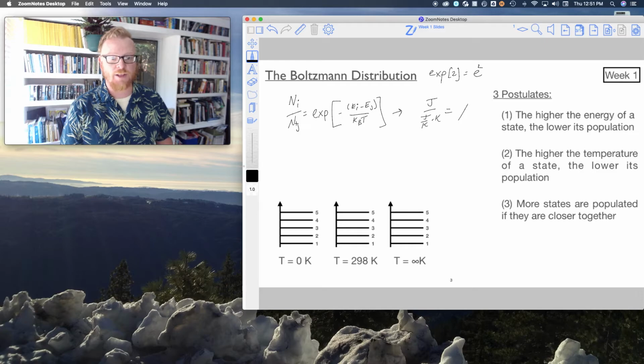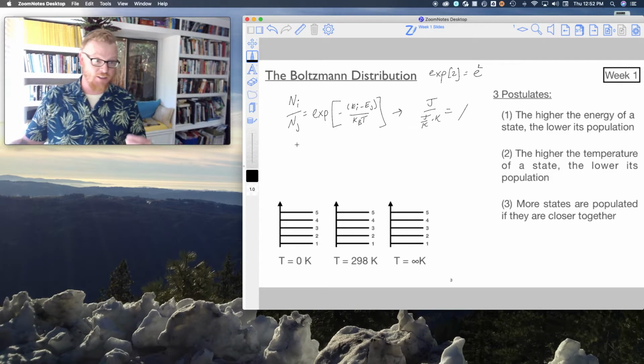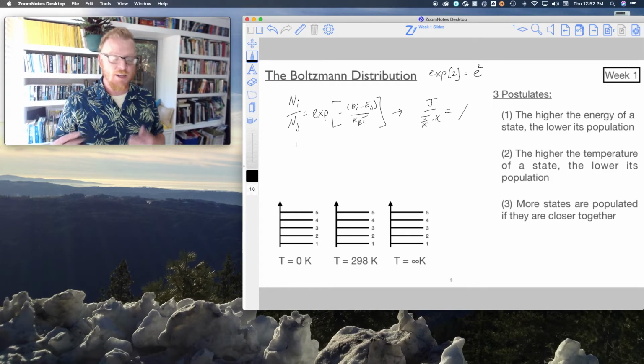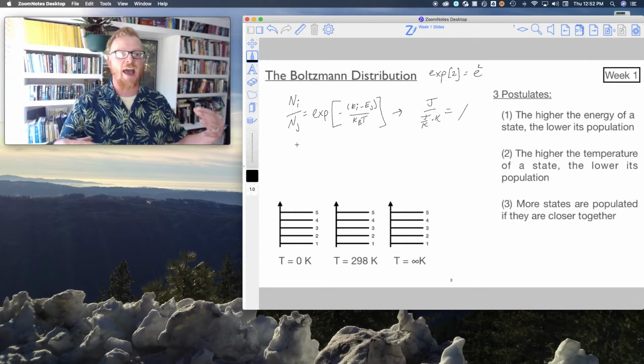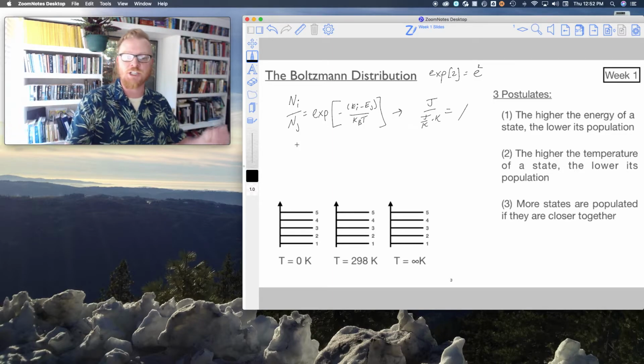Nj is the number of molecules in state j that have energy sub j. And so the ratio of these two states will give us the relative population of things. For example, let's say in the ground state compared to the next excited state. So this gives us a distribution or a population of what molecules have energy i or energy j or whatever we want.